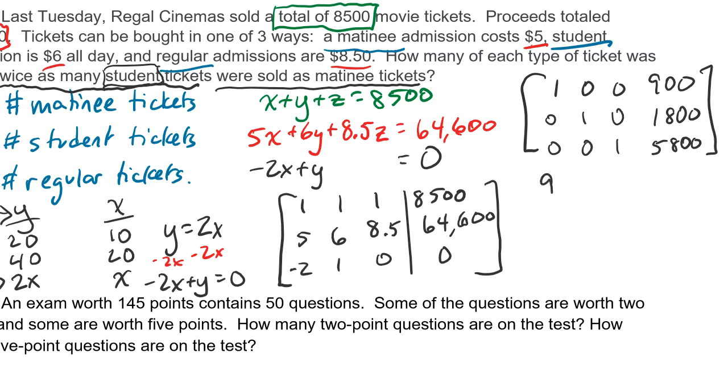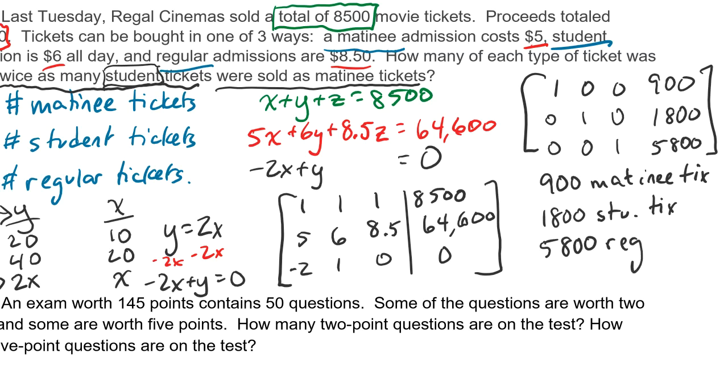So our final answer: 900 matinee tickets, 1,800 student tickets, and 5,800 regular tickets. And that is our final answer.